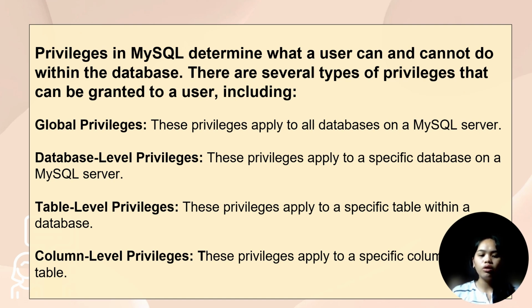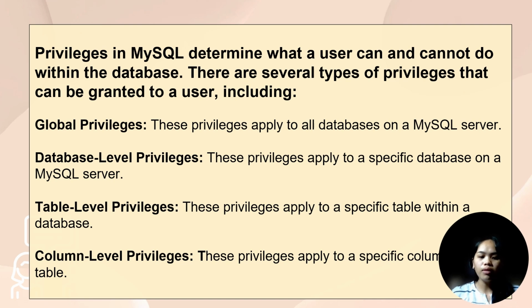So let's talk about global privileges. Global privileges apply to all databases on the MySQL server. Database level privileges apply to a specific database on the MySQL server. Table level privileges apply to a specific table only within that database.